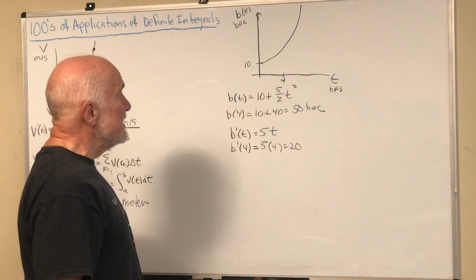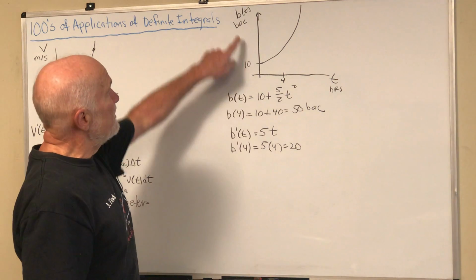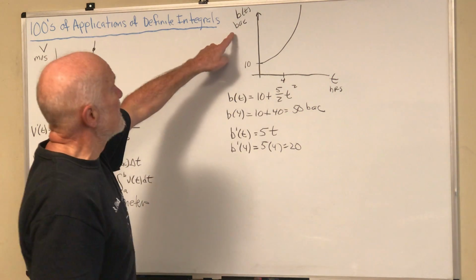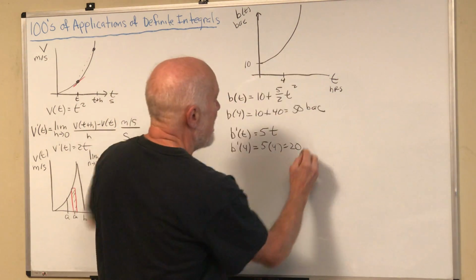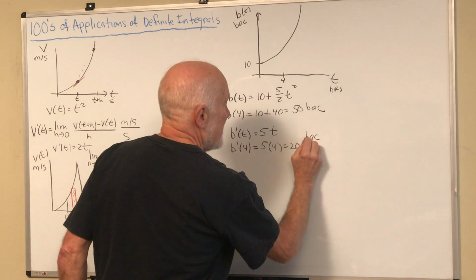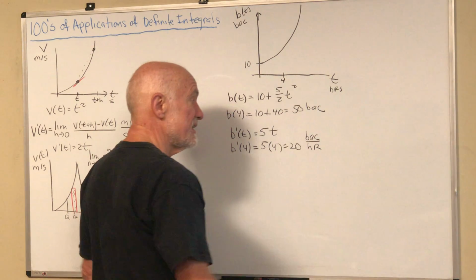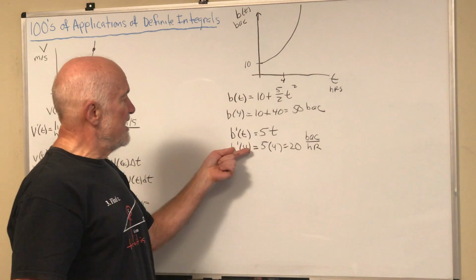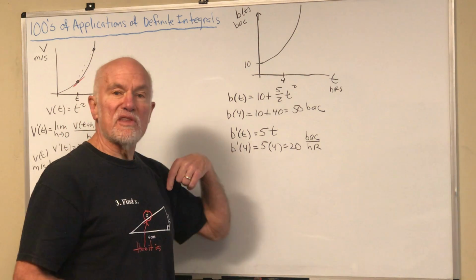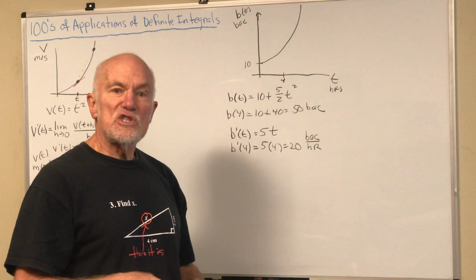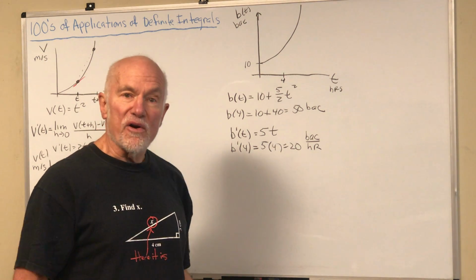Well, 20 what? Since this is a derivative, we can look at the units and it's going to be what? Bacteria per hour. Is that something of value? Yes, it tells us that 4 hours into the experiment the rate at which the bacteria are growing is 20 bacteria per hour.